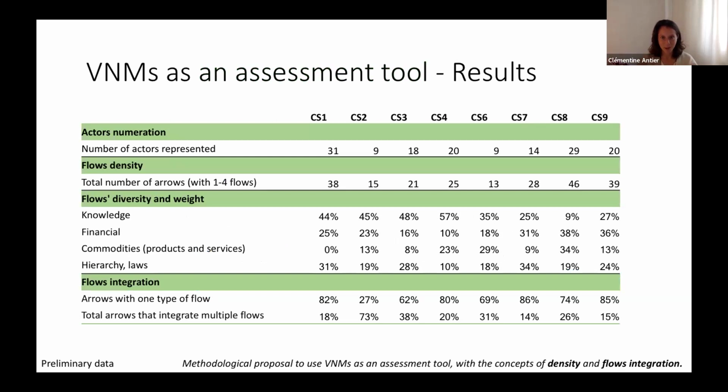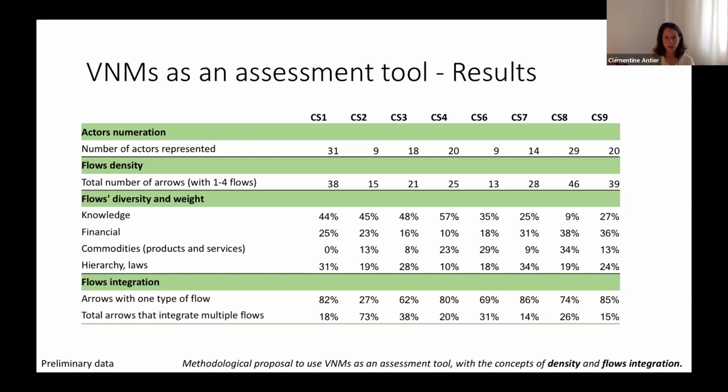So these are the results of this assessment. I don't want to go too much into details in the figures, but more to give you an idea of a few things that we can observe and that I think are important. So if you look at the third section, flows, diversity, and weight.